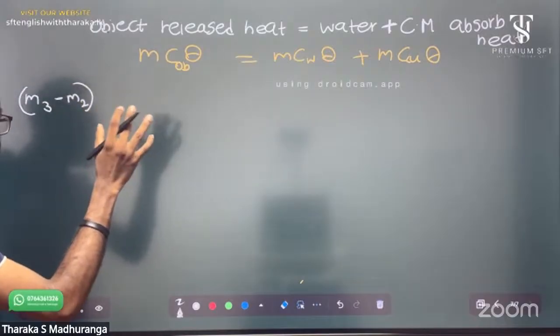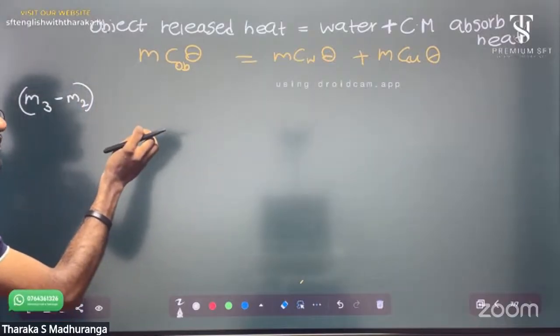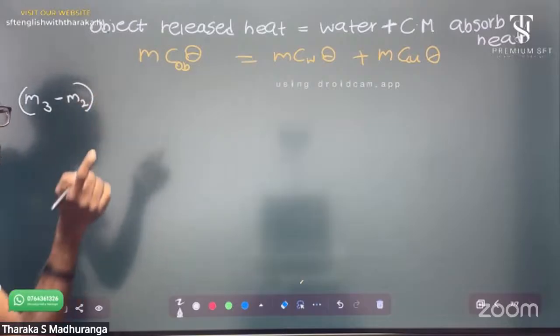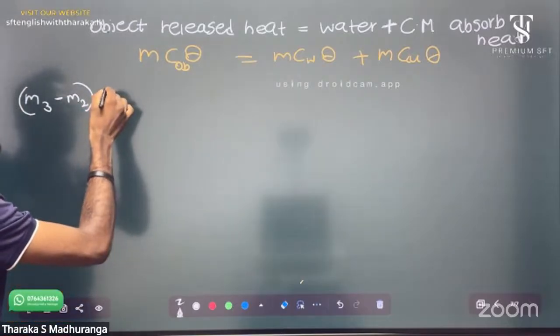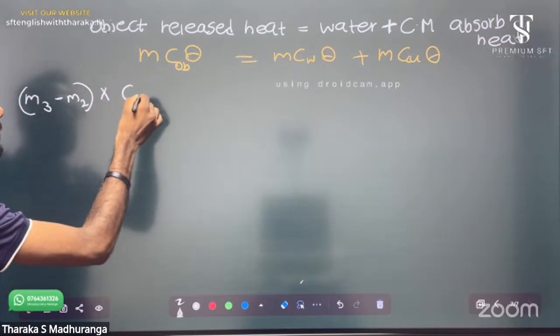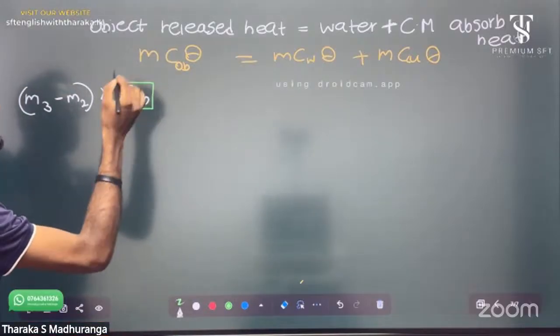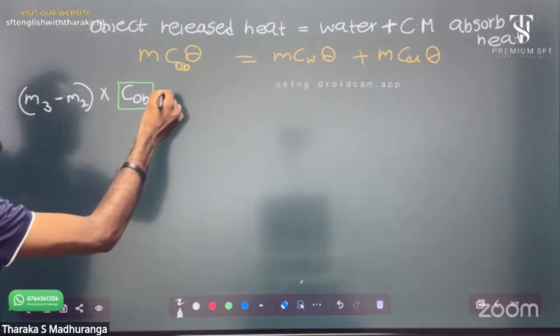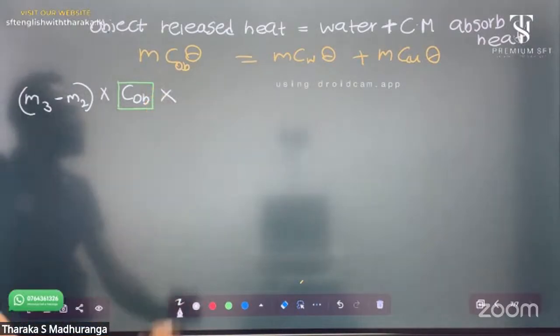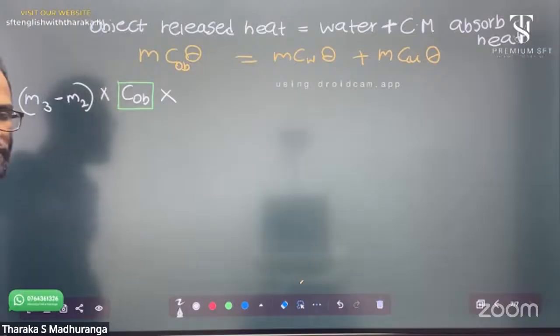That was a complete structured question, I think from 2017. I will do all of it in the evening class. Okay, C object you don't know, this is what we are finding, C OB, into the temperature difference. How do we get the temperature difference?